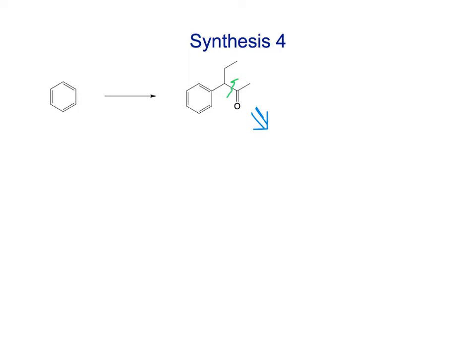The way that I would think about doing that, this would take us two steps, but if we could have, say, a Grignard here, we could react that with, say, an aldehyde over here.